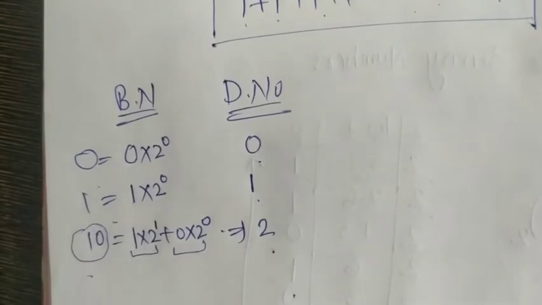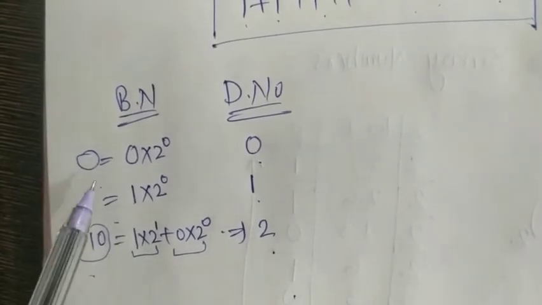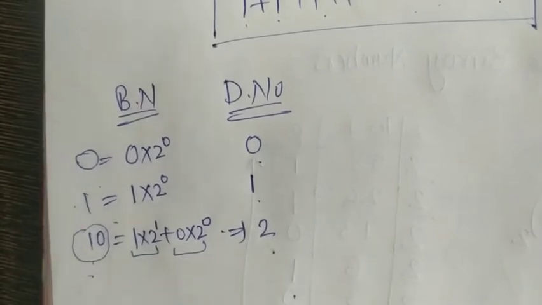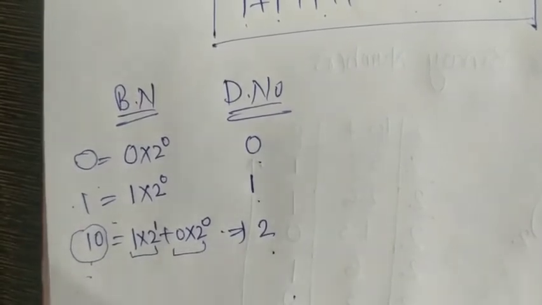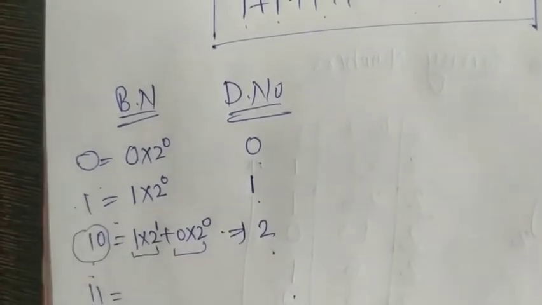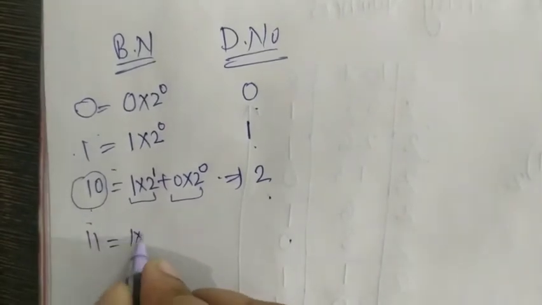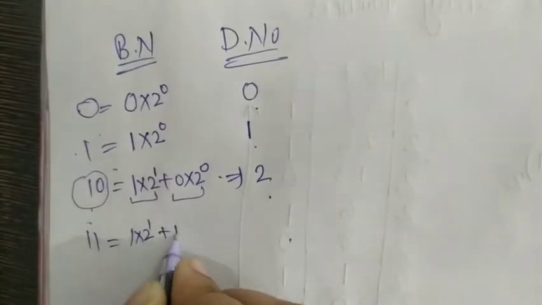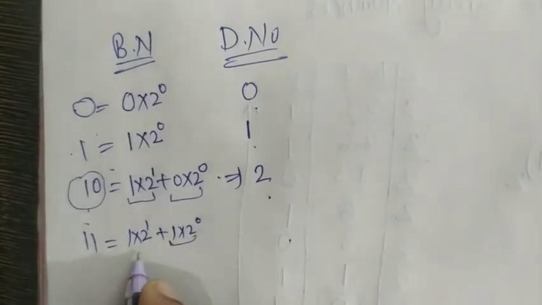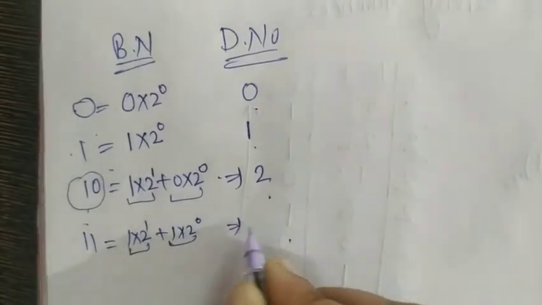So in the binary number system, our counting will continue 0, 1, after that 10, after that 11, and so on, because we cannot use 2, 3, 4 and so on. And 11 means 1 into 2 raised to power 1, 1 into 2 raised to power 0. So this is 1, this is 2, this is 3.